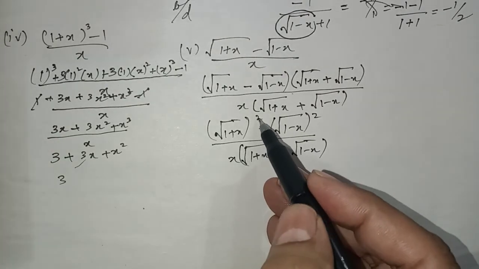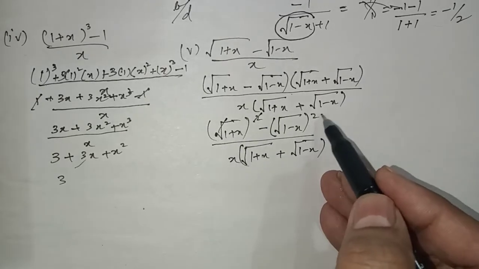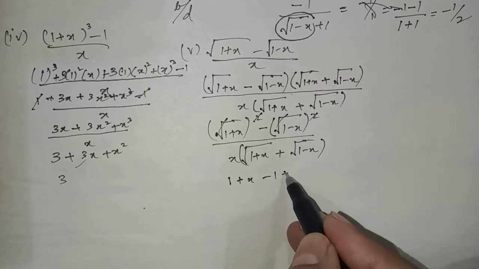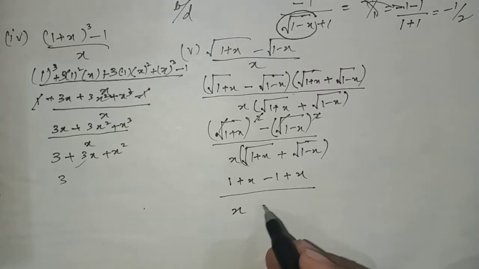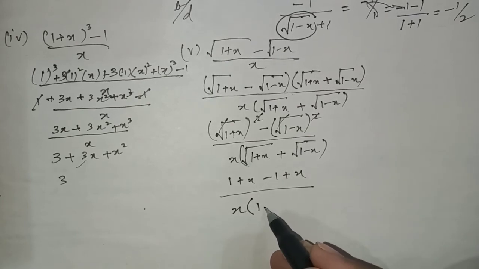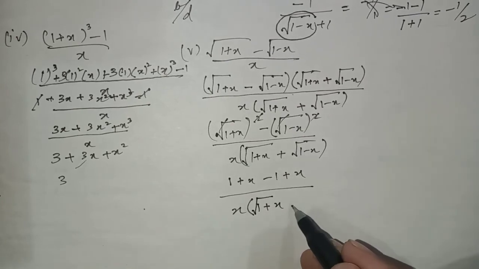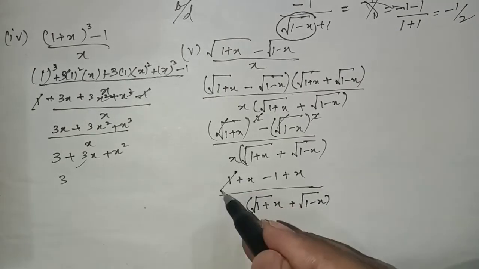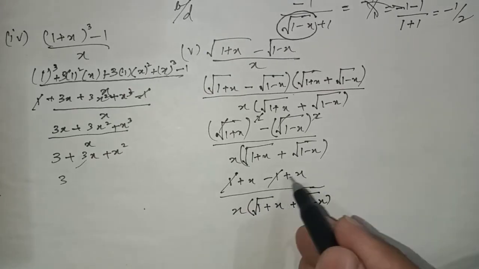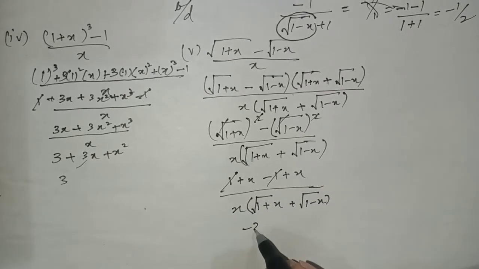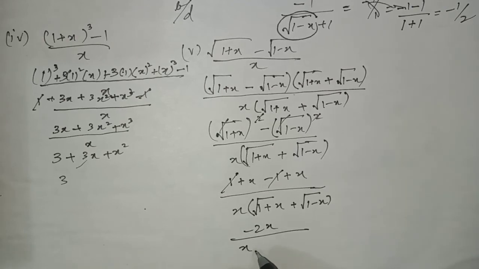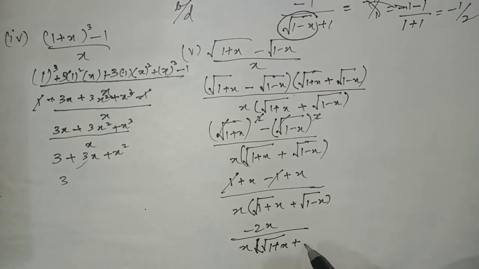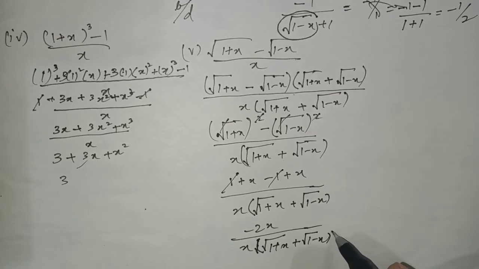When we further solve it, the square and square root will be cancelled out, so the numerator will become 1 plus x minus 1 plus x upon x into square root of 1 plus x plus square root of 1 minus x, right? Now plus 1 and minus 1 will cancel each other, and the result of these two will be plus 2. So we have plus 2x upon x into root 1 plus x plus root 1 minus x, right?